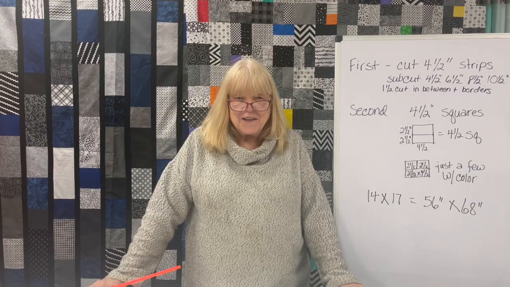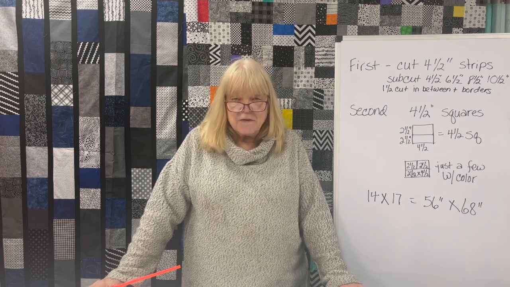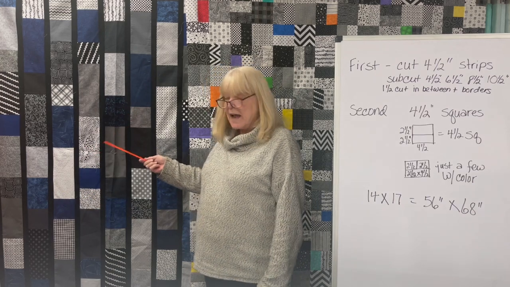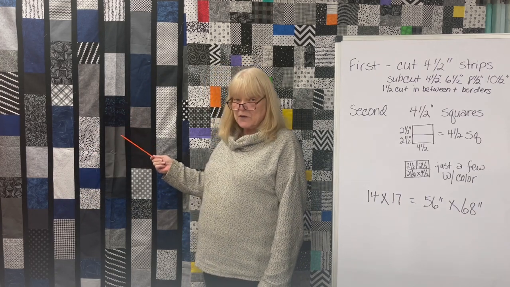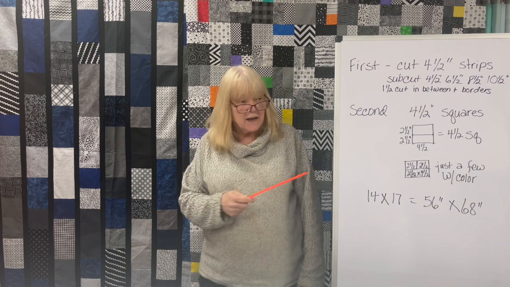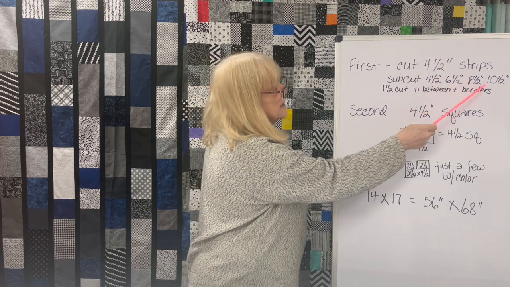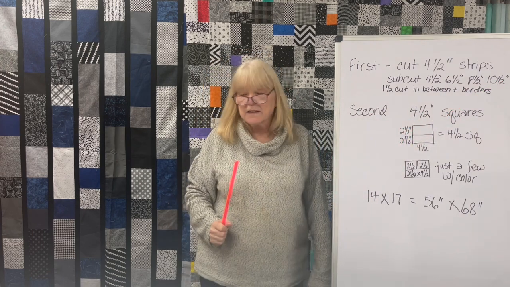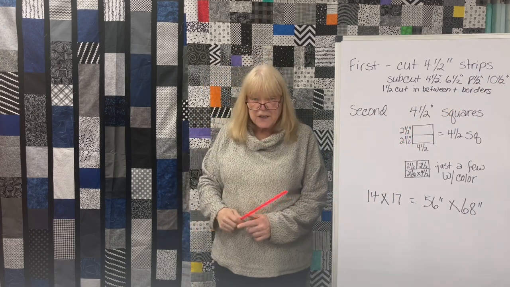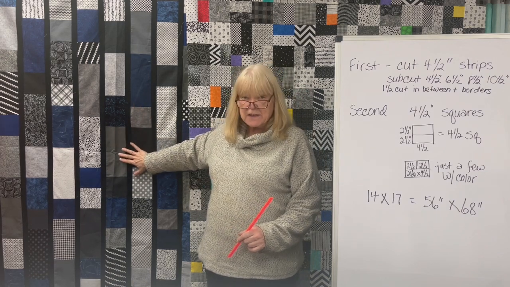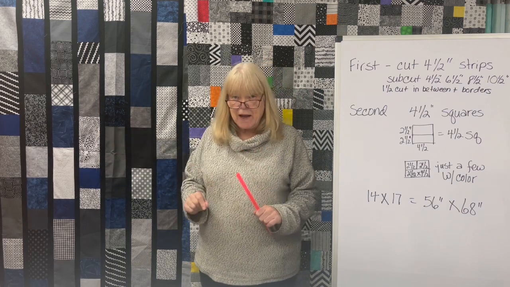Okay, let's continue on with the scrap fabric challenge. If you recall, last week's quilt is here, and I cut 4.5-inch strips and subcut them, as you can see here, into 4.5, 6.5, 8.5, and 10.5-inch pieces. And my challenge is to not put any of what I pulled for this back into the scrap heap.